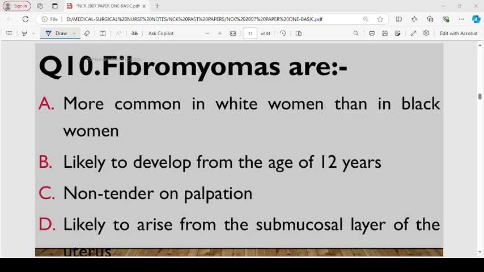This is typically within their 30s or 40s. Nurse D is equally incorrect. You know, fibroids can arise from any of the uterine layers, not just the submucosal layer, right? So that makes option C more appropriate. It's non-tender on palpation. Remember, these are benign tumors. Guys, a link will be popping up on the differences between malignant and benign tumors in the body.